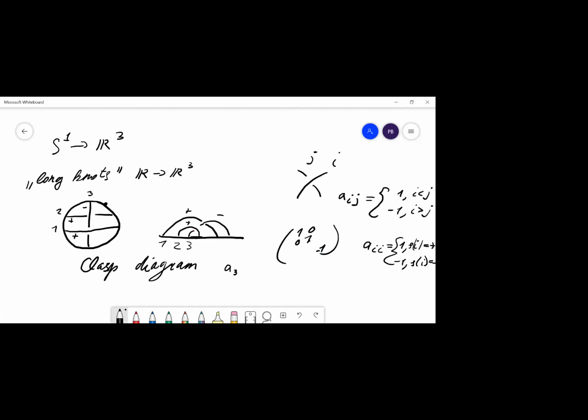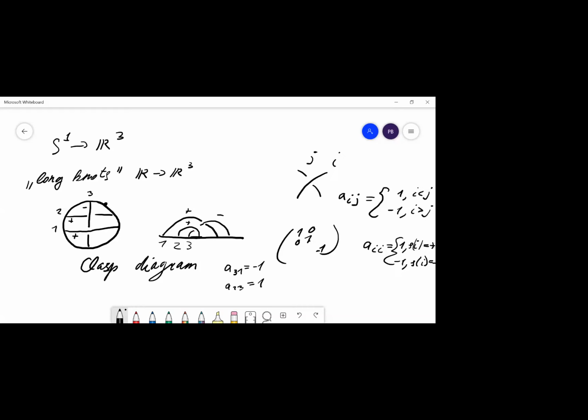We take a chord which is above, and if its number is smaller than the number of the chord below, then it is 1, and negative 1 otherwise.